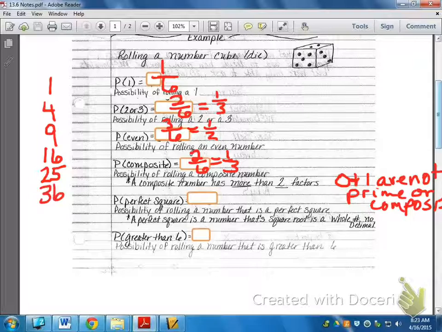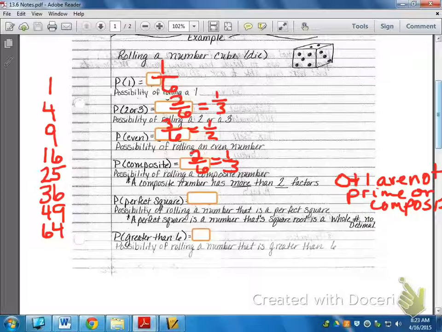What's the next one? 49. Thank you. Give me one more. 8 times 8. 64. Okay, so that's the beginning of a list of perfect squares.